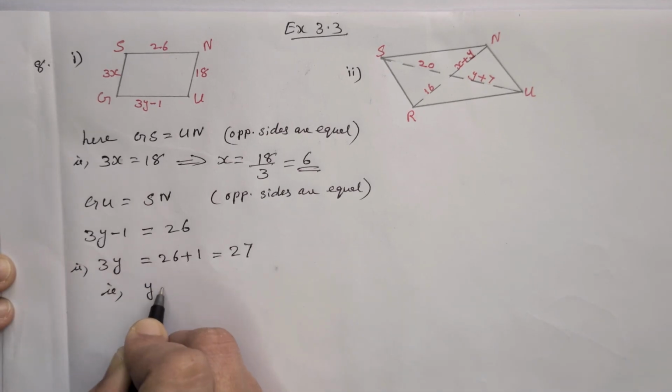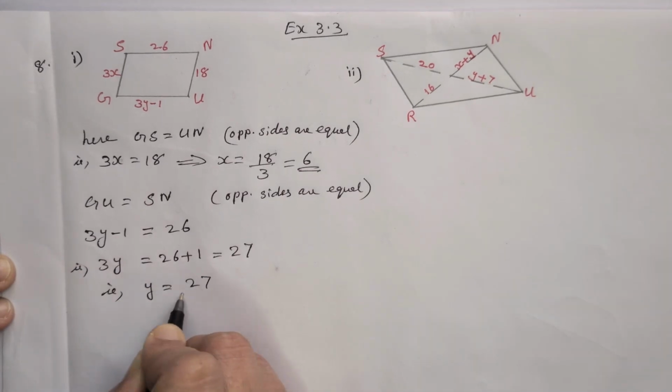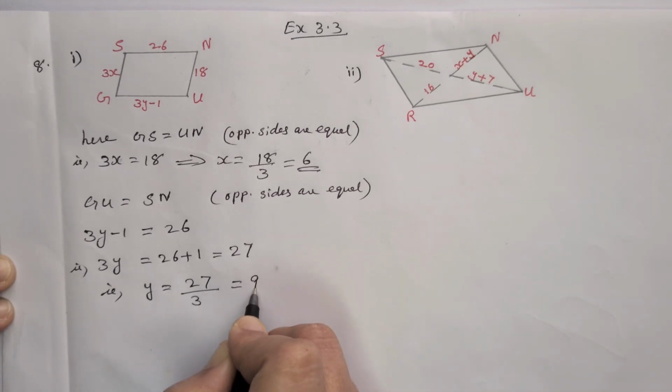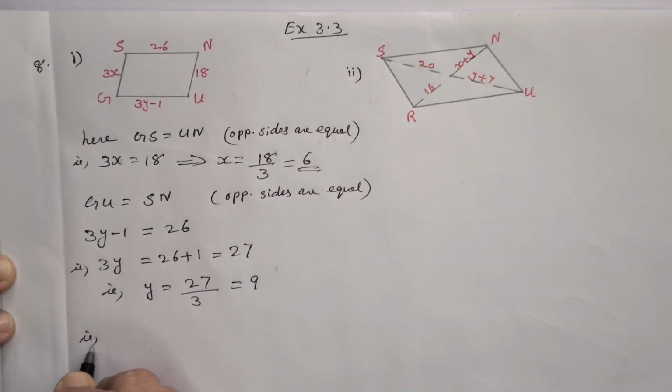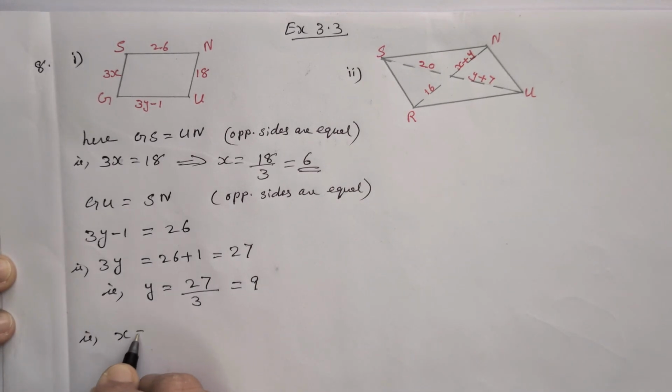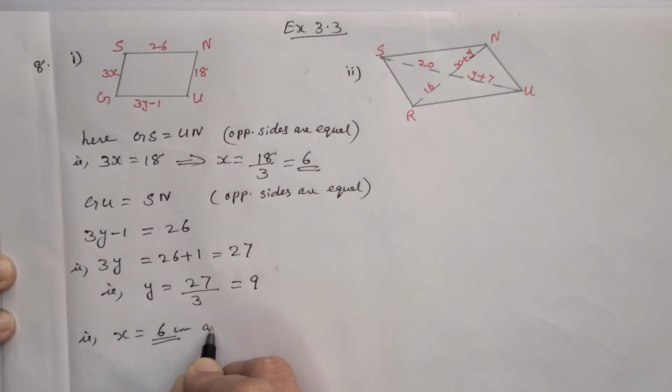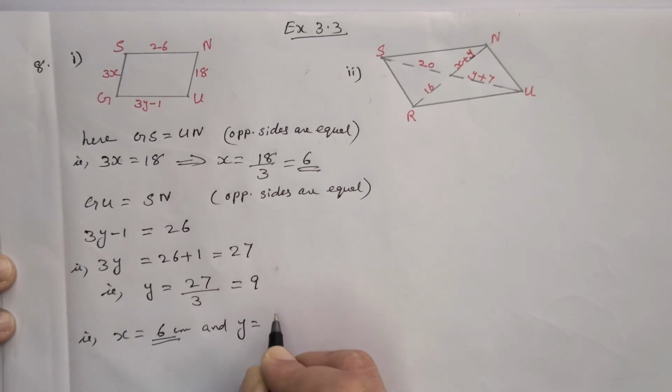That means y is equal to 27 divided by 3, which is 9. So we can write x is equal to 6 centimeters. Lengths are given in centimeters, so we write 6 centimeters, and y is equal to 9 centimeters.